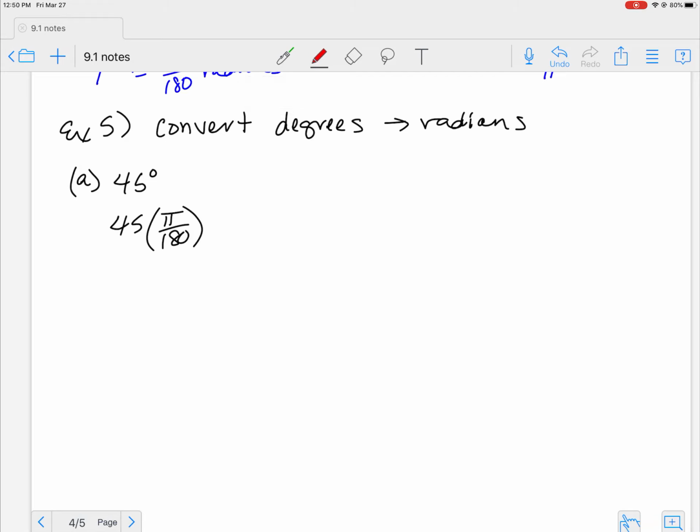So 45 goes into 180 how many times? 4. So now I end up with 45 degrees is equal to pi over 4 radians.